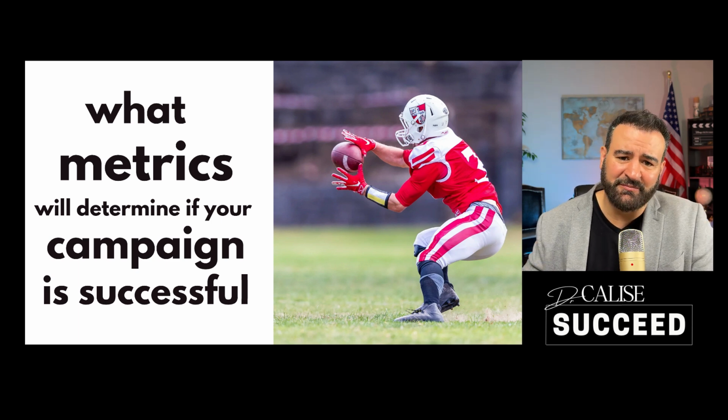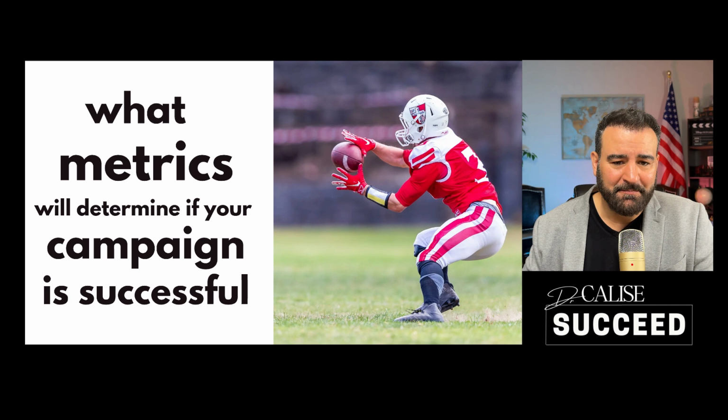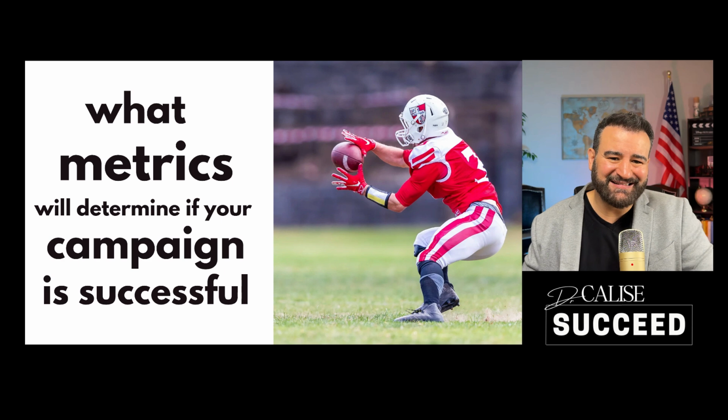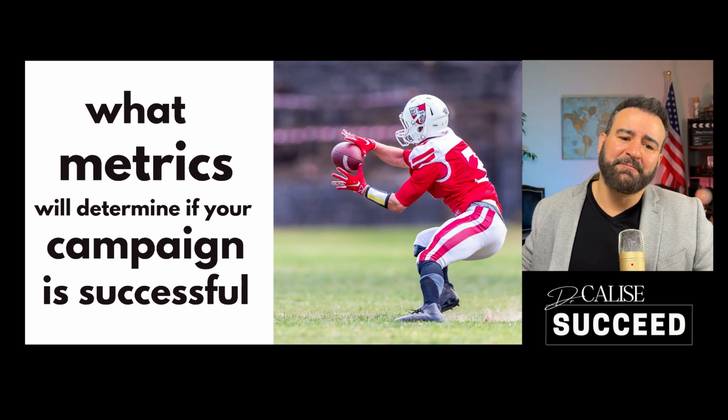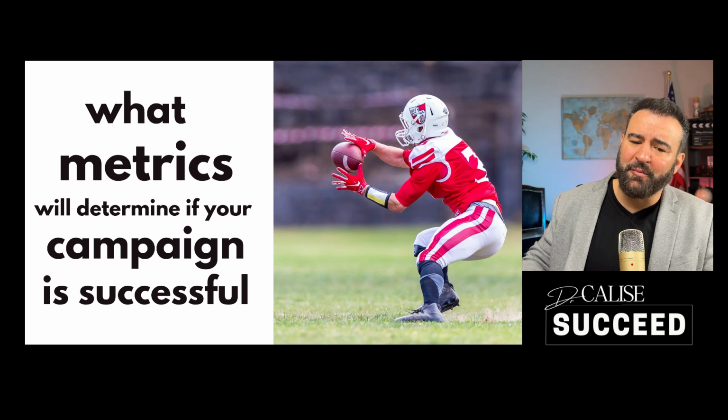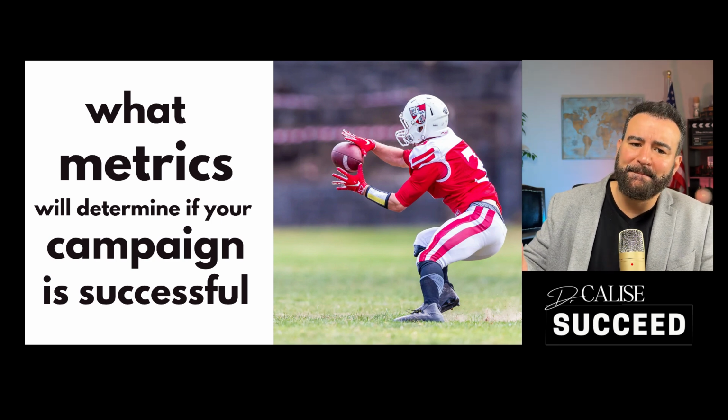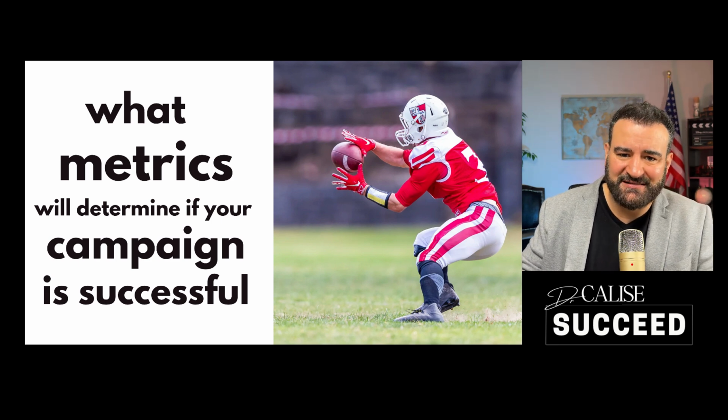You could have the most amount of yards. You could have the most amount of sacks. You could have the most amount of receptions. But at the end of the day, if the score is not in your favor, you lost the game. All right? So that's the difference between a metric, a form of measurement, and a key performance indicator. What are the main metrics that determine success?